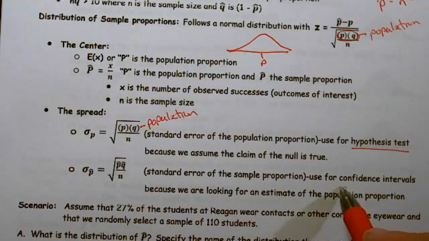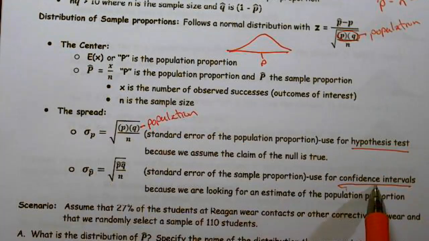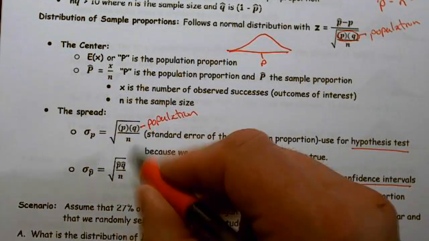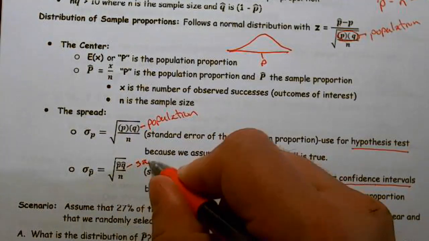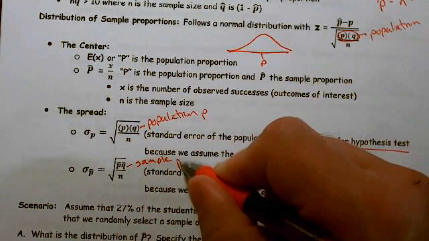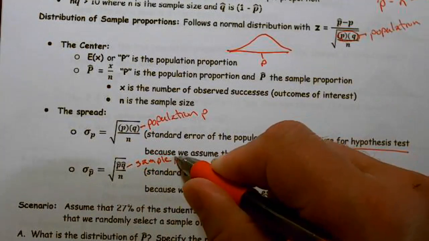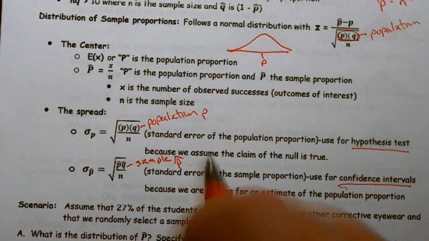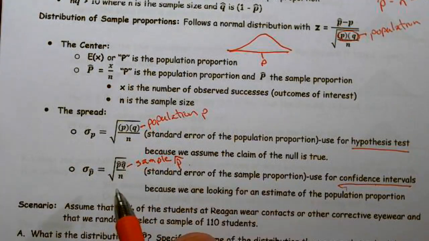If we're working with a confidence interval, on the other hand, our standard deviation is going to be P hat and Q hat from the sample. So this is the population P, and this is the sample P, which we call P hat. Now, the reason that's there is because we don't know what the population proportion is. We're trying to get an estimate for it, so we're having to use the sample proportion.